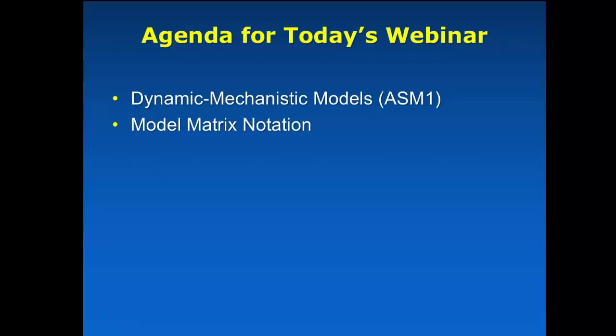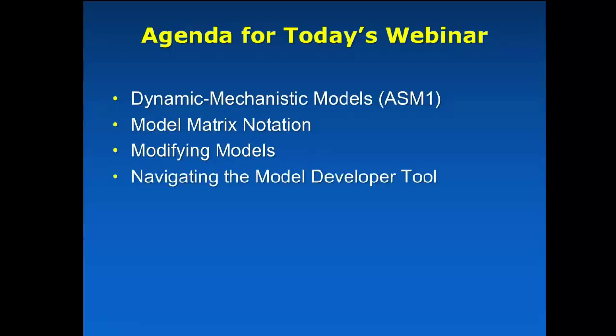Now, Model Developer is essentially a tool that allows you to use a big matrix of information. So I'm going to talk a little bit about the model matrix notation that has come out of the original ASM1 publication. And I'm going to talk about typical things that you might do with the Model Developer tool in GPSX in terms of being able to modify the existing models that are there, being able to do various types of interesting things with them, typical applications that we might have.